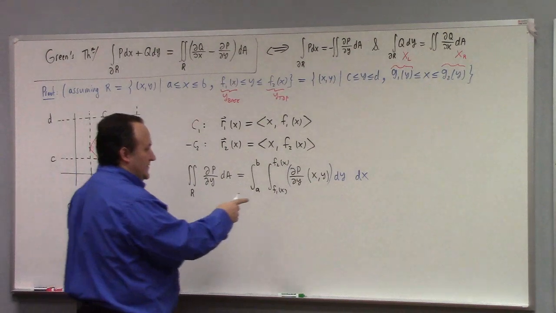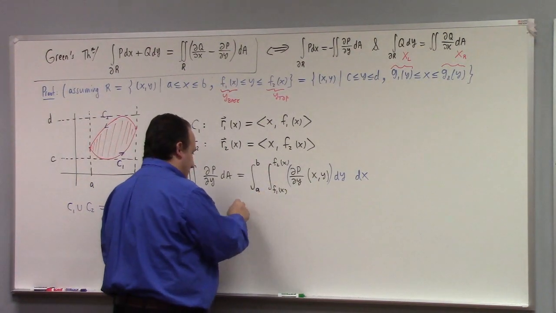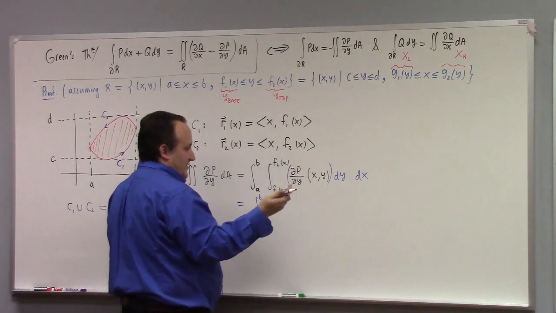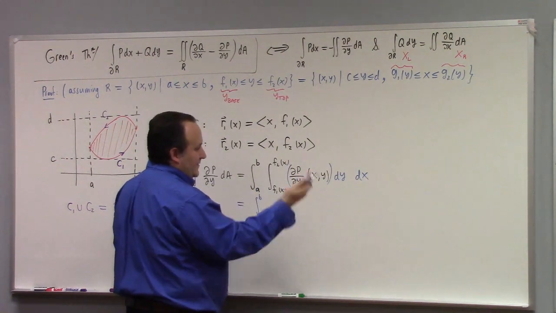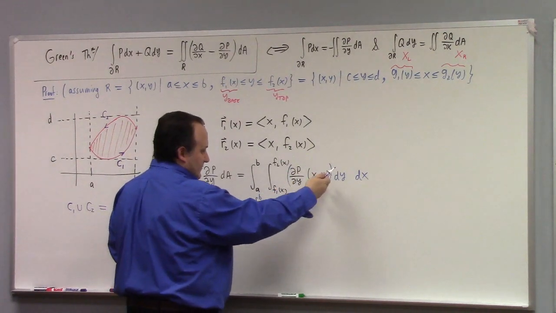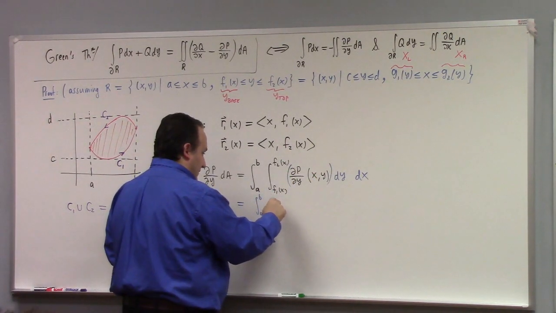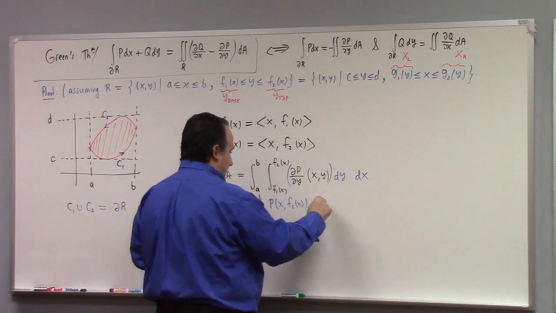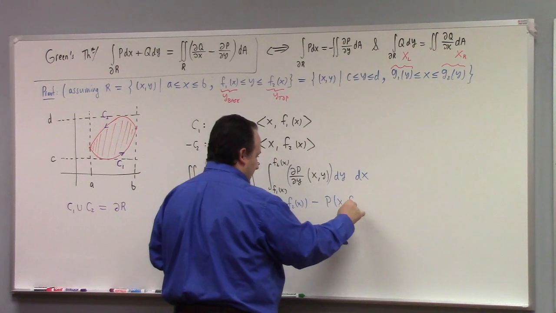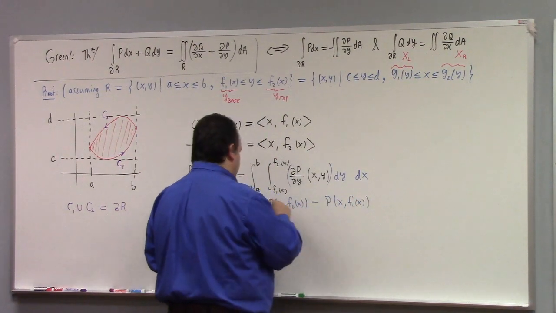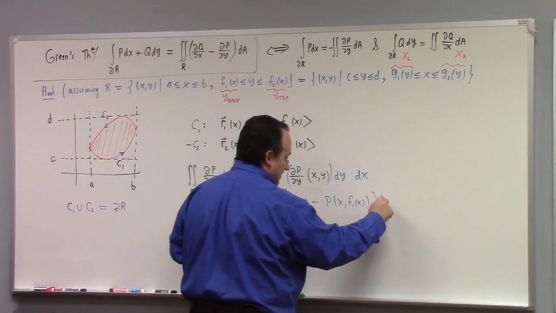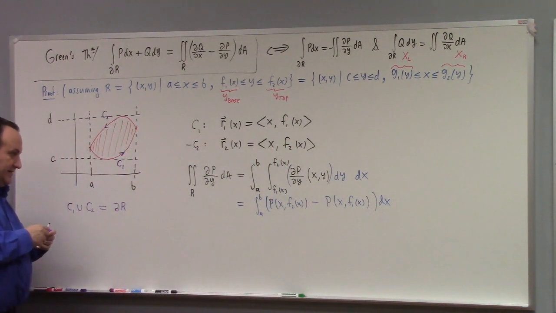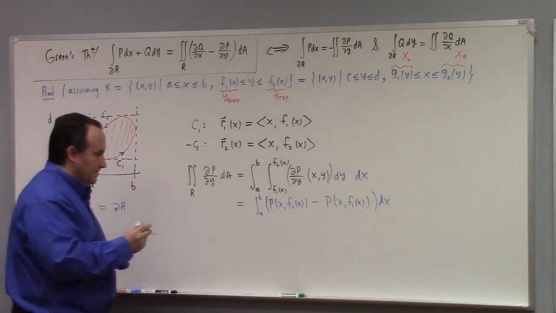Yeah, fundamental theorem of calculus part 1 or 2, however you want to look at it. So we've got an antiderivative of p. Partial p, p is the antiderivative here because we're integrating with respect to y. So what we get then is p of x comma f2 of x, minus p of x comma f1 of x, using the fundamental theorem of calculus. Then let's break it into two integrals.